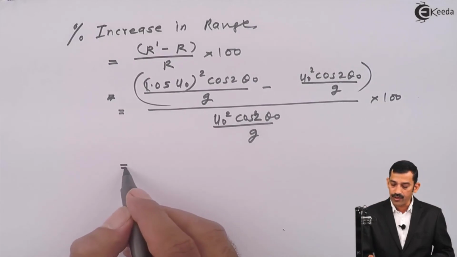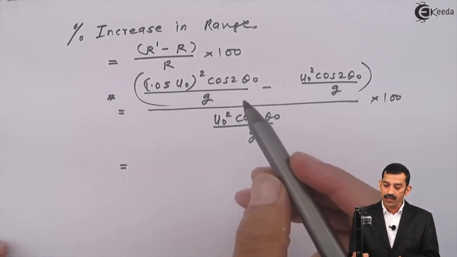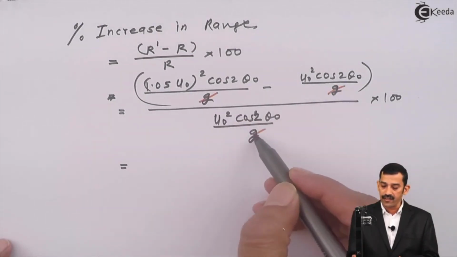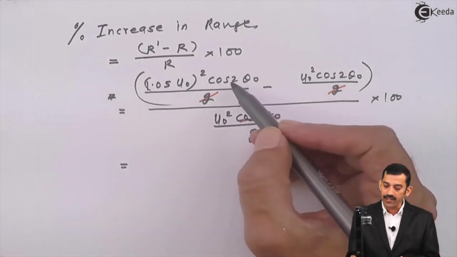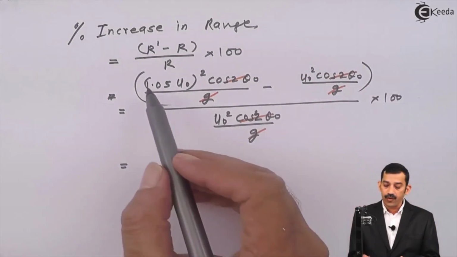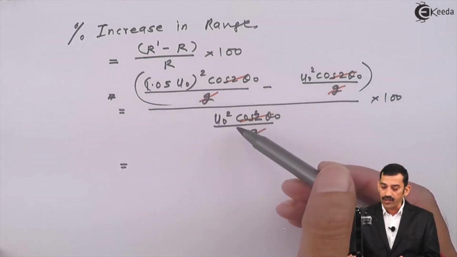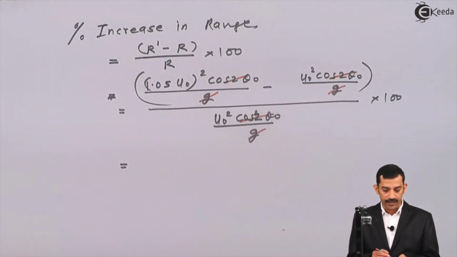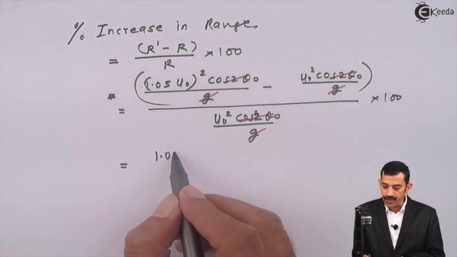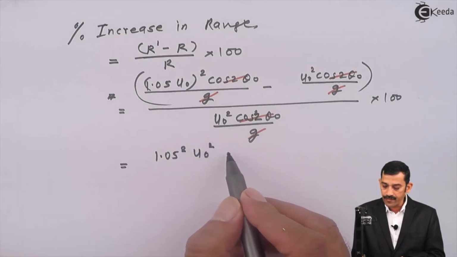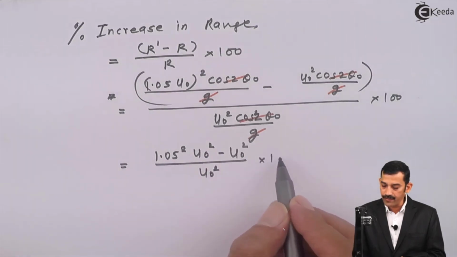Now we cancel the terms that are the same. In the denominator, g and g get cancelled. Sin 2 theta 0 terms get cancelled. The u0 square terms also get cancelled. First I write it in terms of u0 square: 1.05 square u0 square minus u0 square, divided by u0 square, into 100.